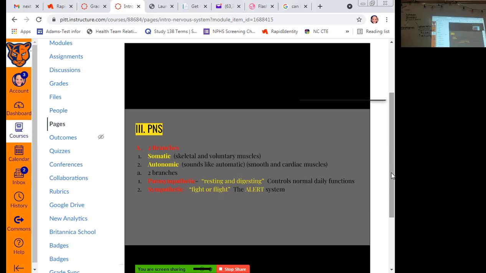So we have our parasympathetic nervous system. This is your rest and digest. I said that wrong. Rest and digest. When you rest and digest, that's when your body is not on high alert. Your body is in a relaxed state, and it's doing normal daily functions.